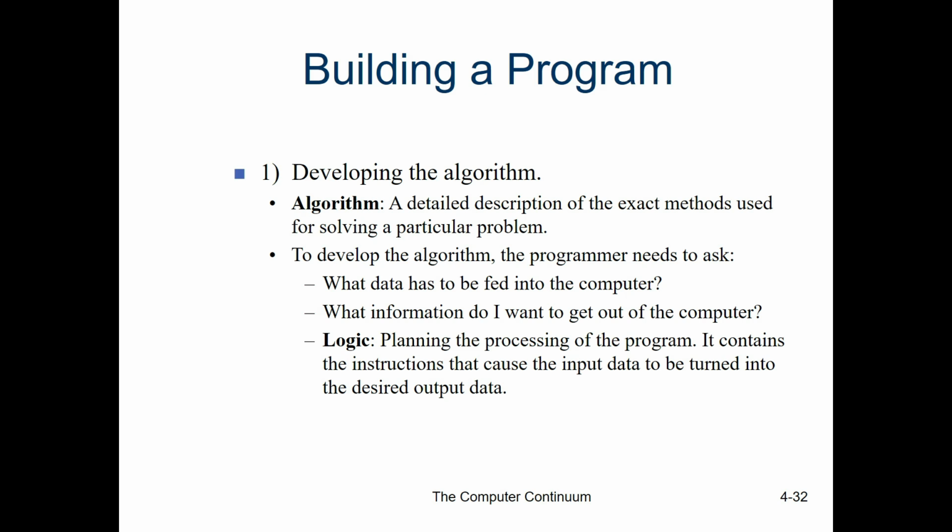What an algorithm is, is a detailed description of the exact methods used for solving a particular problem. Okay, so it tells in detail what needs to be done by the computer. It consists of a procedure or a sequence of instructions.